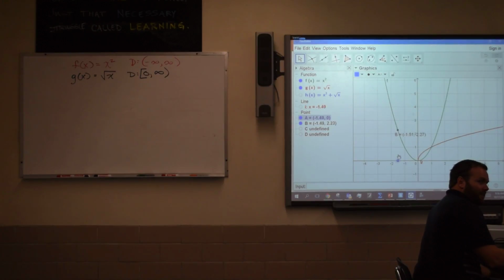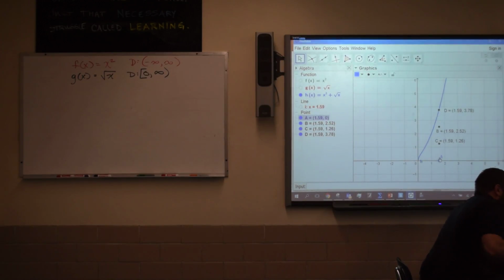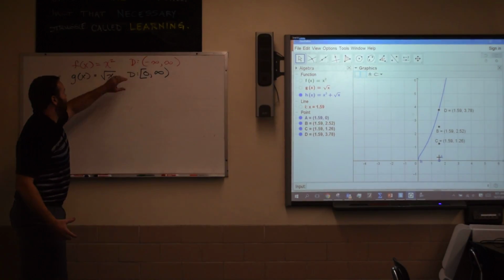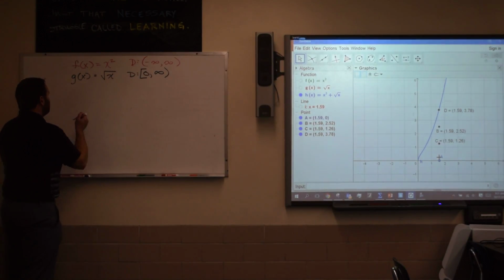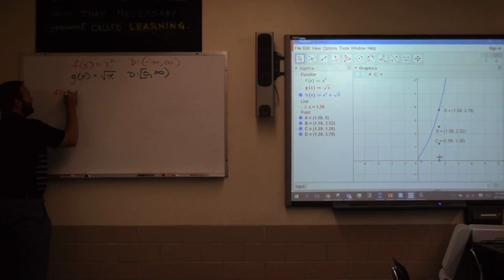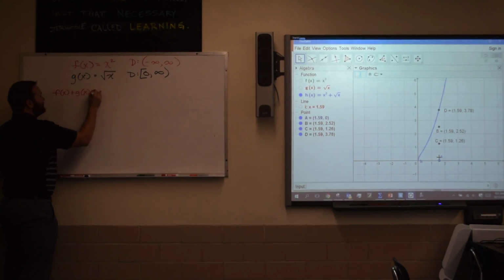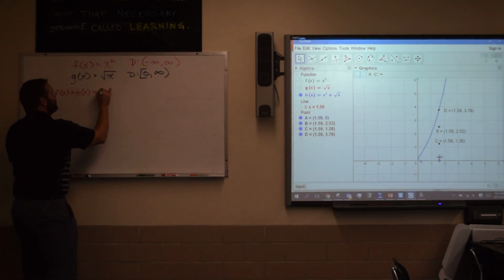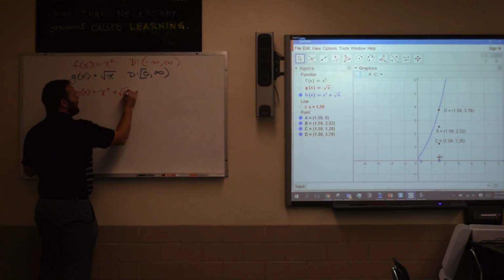Does that make sense to everybody? So you don't have y values to add together over here. That's why in your final image, you don't have anything existing over here. You don't have any points over here. Does that kind of make sense to everybody? All right. So that's the logic. That's the graphical image and display of why, when we want to find the domain of f of x plus g of x, it is simply the intersection of the two separate domains.